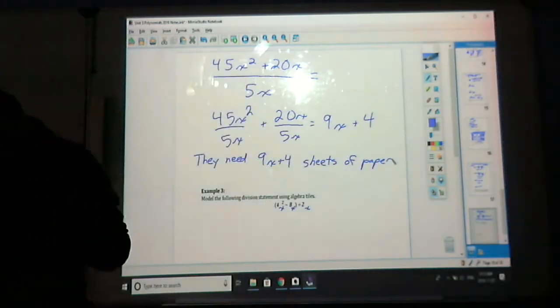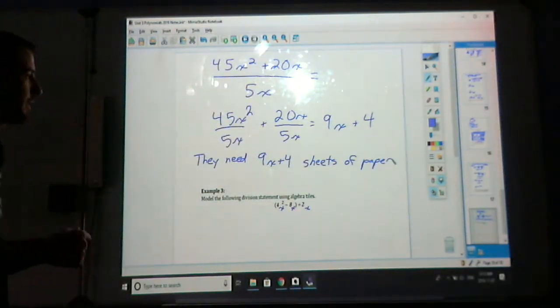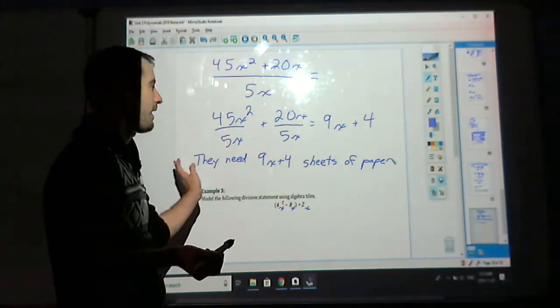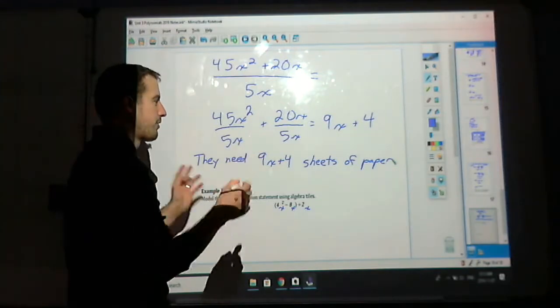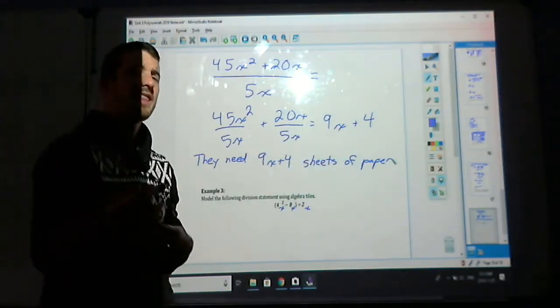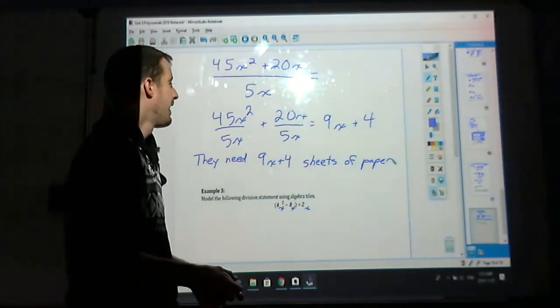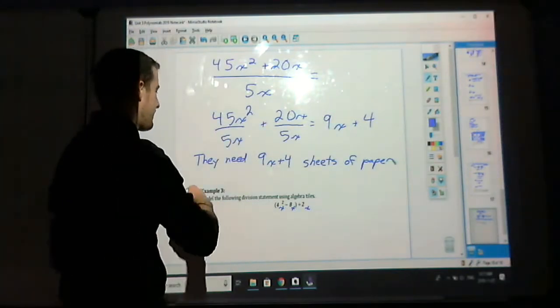Ta-da! Okay. So one way you could also expand this if you want to have some fun is you say, how many sheets of paper if x equals 2, and then you can put the 2 in there. We're going to be looking at that more in the next unit, but that's something you can go forward with.